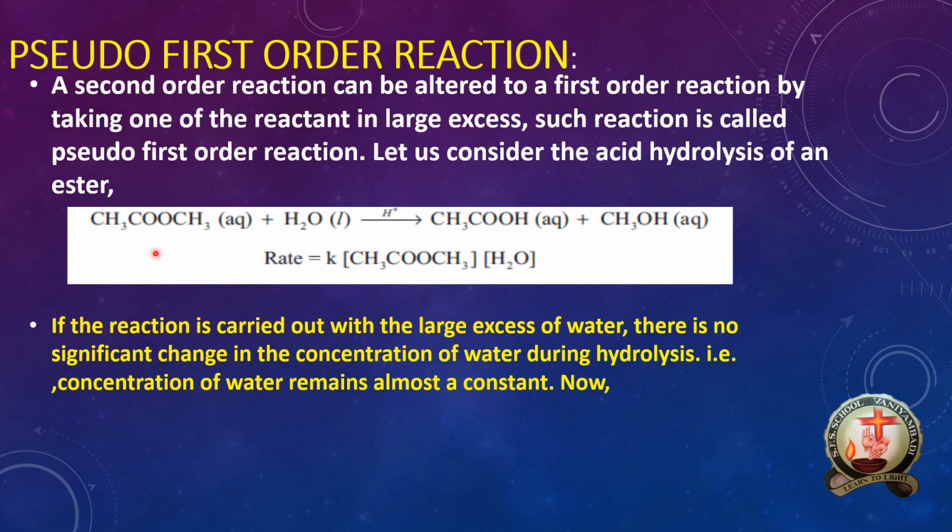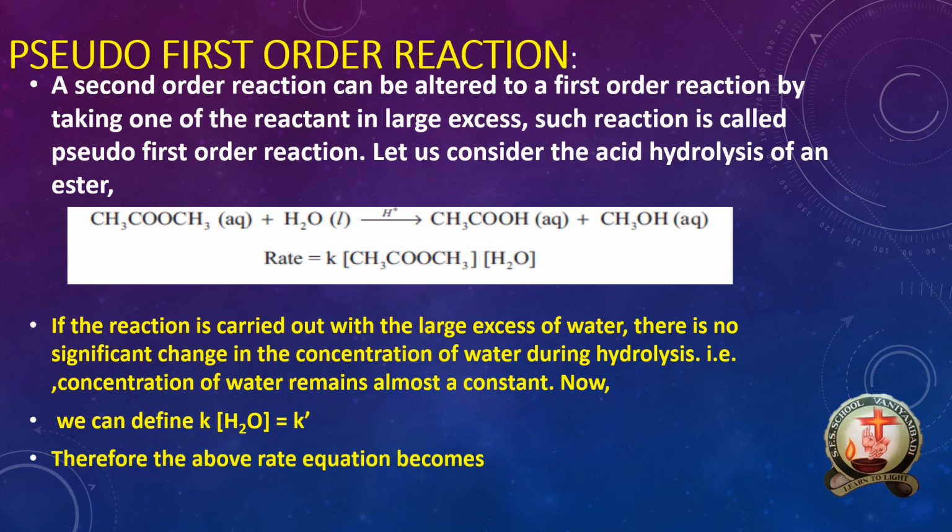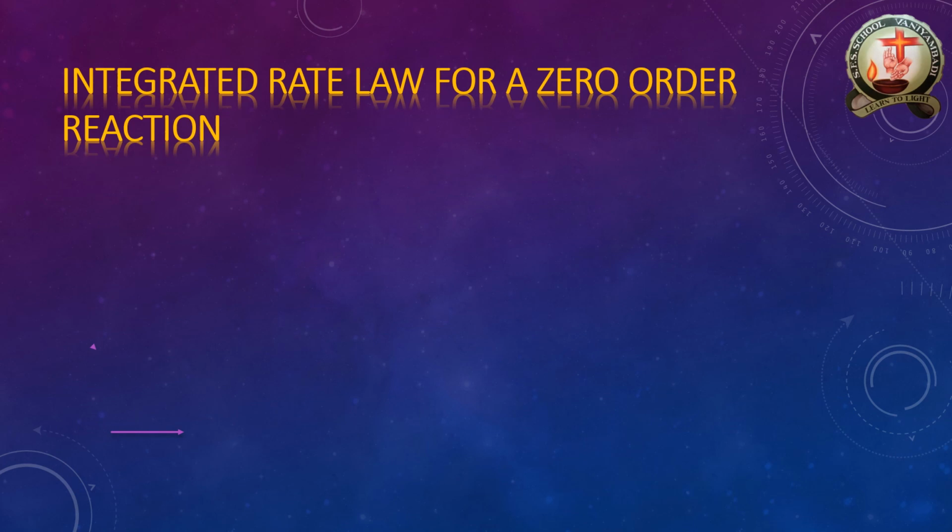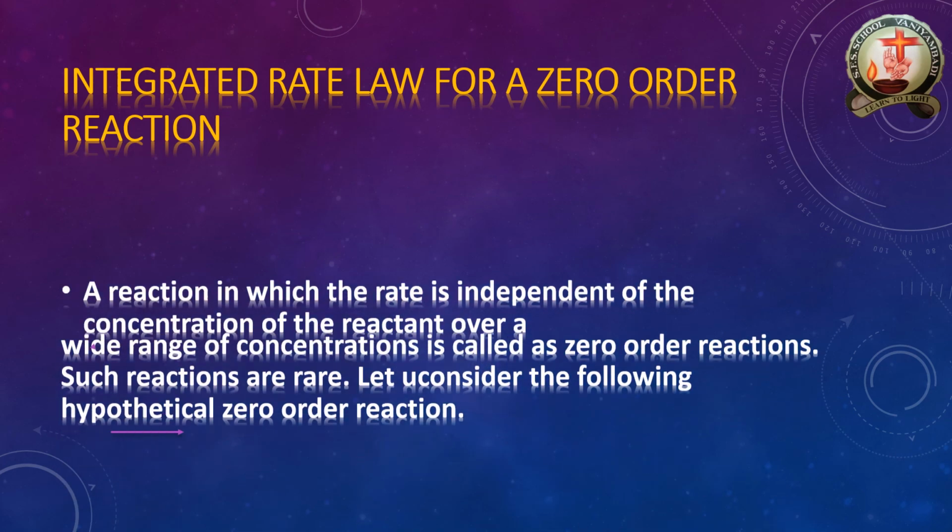No change of concentration occurs when we take it in a larger quantity. That type of reaction is called a pseudo first order reaction. We can simply denote K times H2O as K dash. The pseudo first order reaction is simply represented as K dash. Therefore, the rate equation becomes the pseudo first order reaction.